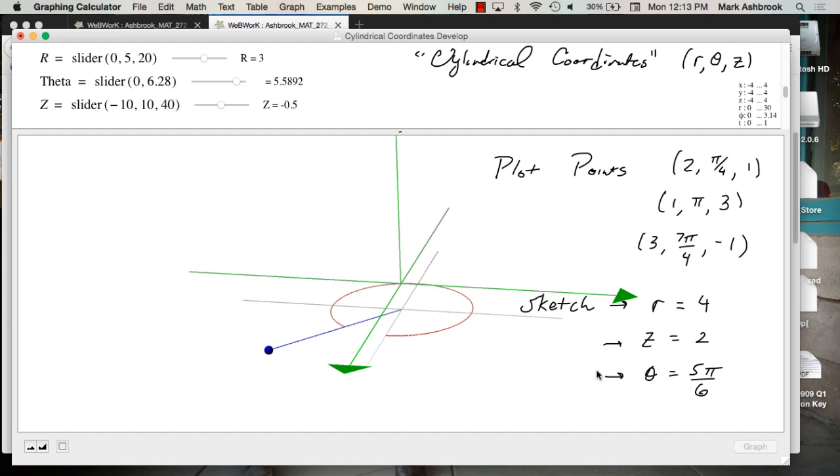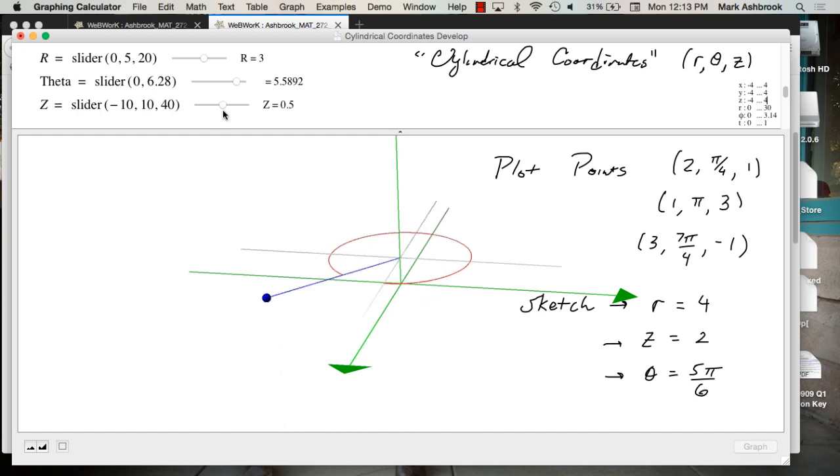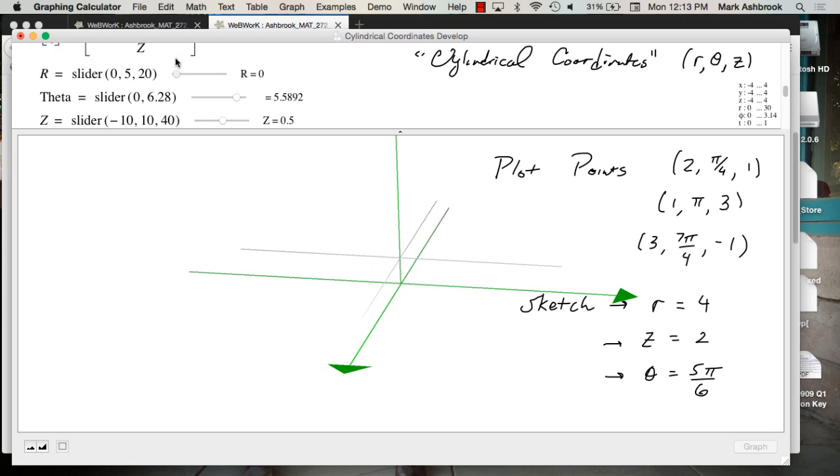Okay, what about these other things? R equals 4. How will that graph? There's lots and lots of different kinds of cylinders, right? We said with cylinders, you can start with any curve and extend it and you get a cylinder.